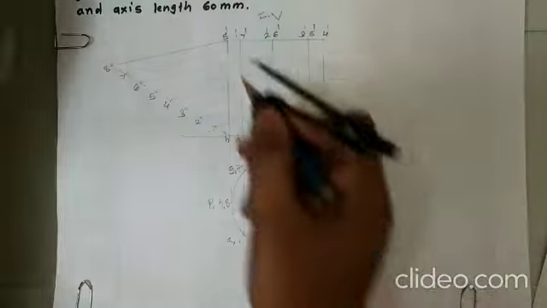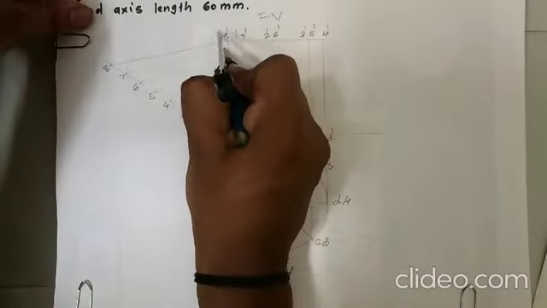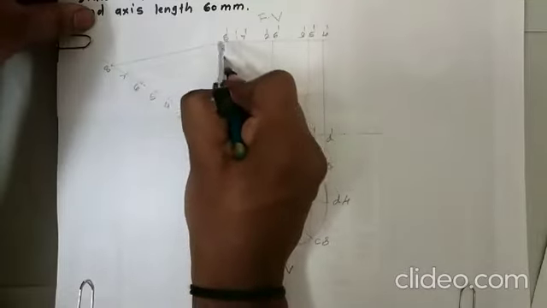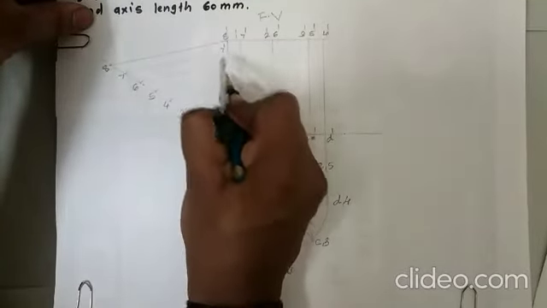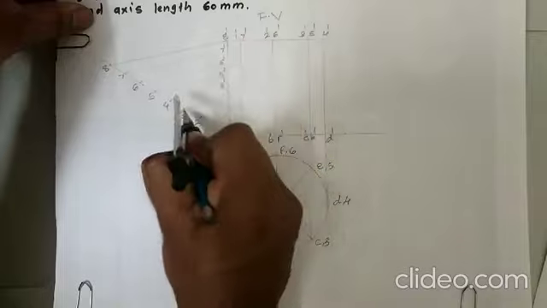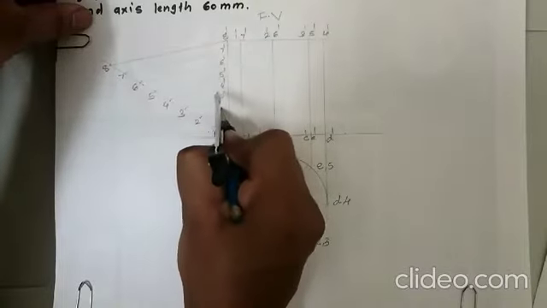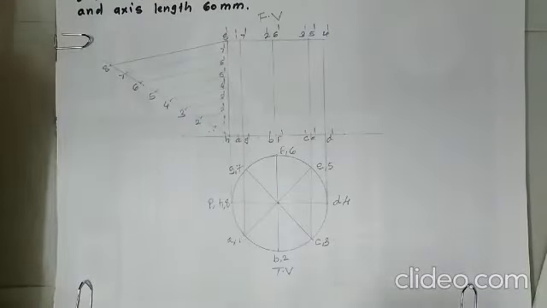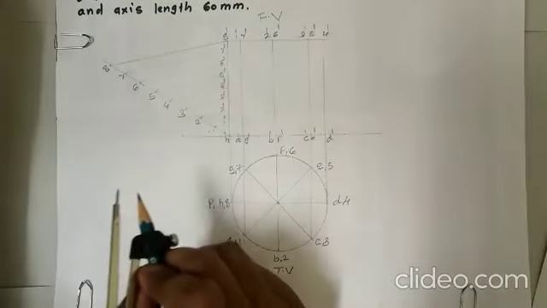Now name these points: this is 7, 7 dash, 6, 6 dash, 5, 5 dash, 4, 4 dash, 3, 3 dash, 2, 2 dash, 1, 1 dash. From here onwards it is very important.